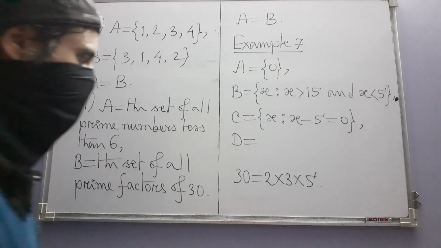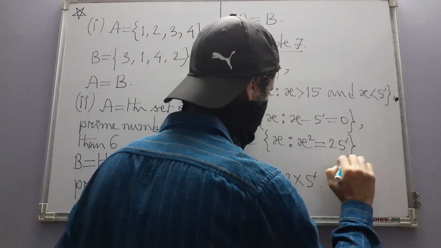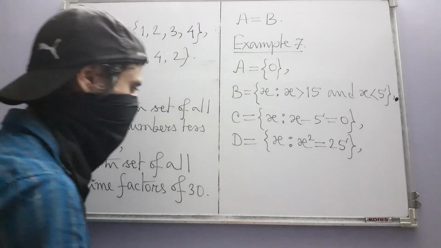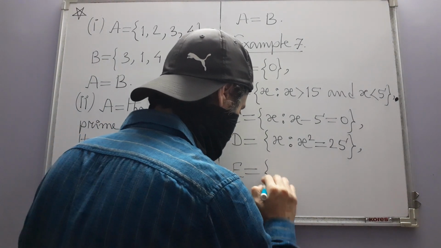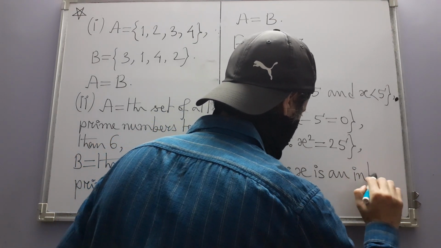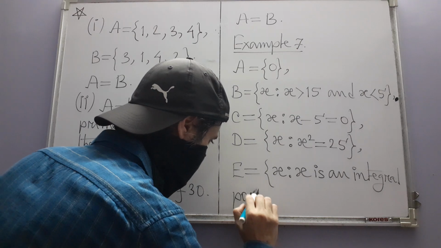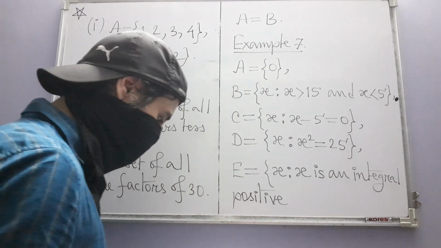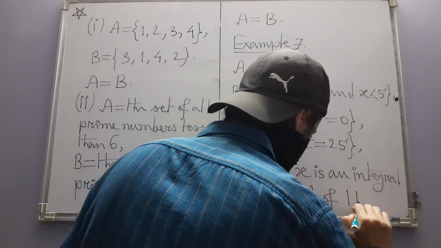Next, D. It is the set of all x such that the square of x is 25, and there is one more, E. x such that x is an integral, it means it's an integer, integer is a noun, integral is an adjective, positive root of the equation.